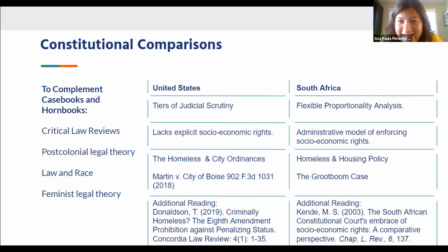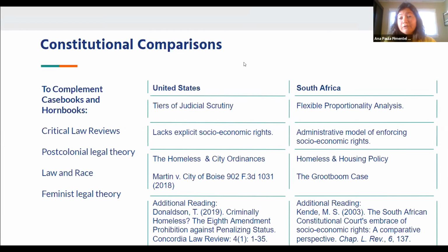And I have some, am I over? No, I'm not over. Yeah, so just trying to place these discussions about the Bill of Rights and how judicial review happens in different countries and what is valued.